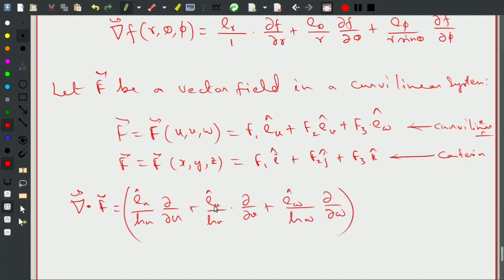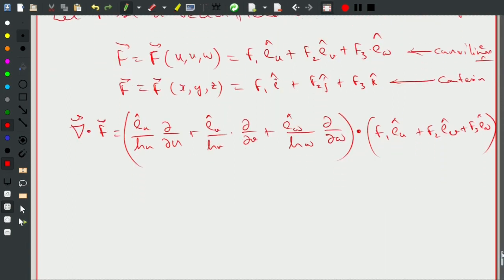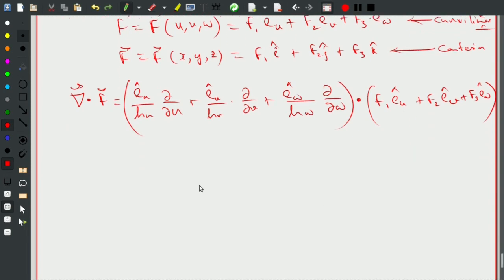This is our del in curvilinear system, and we have to make a dot product with our f vector in curvilinear system: f1 of eu cap plus f2 of ev cap plus f3 of ew cap. Since these unit vectors obey orthogonality, eu cap dotted with eu cap equals 1, and similarly for all the indexes. So ew cap dot ew cap also equals 1.